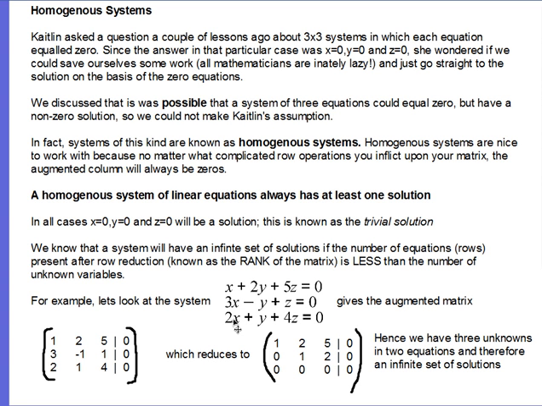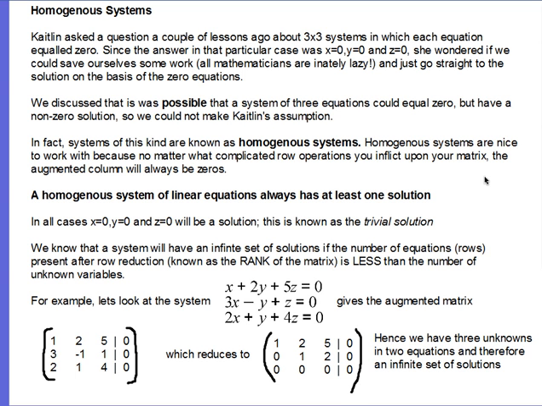Here's an example down here. Whenever the three equations have 0 answers, that's called a homogeneous system of linear equations.